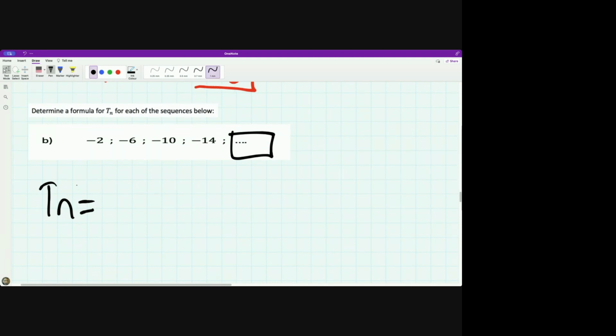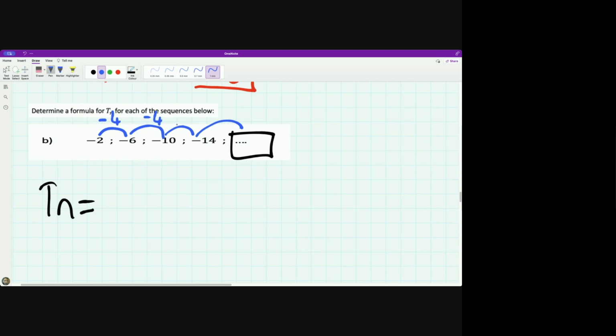I suppose I should do some work and ask what's happening here. What's the first difference here? It feels like I'm taking away 4.